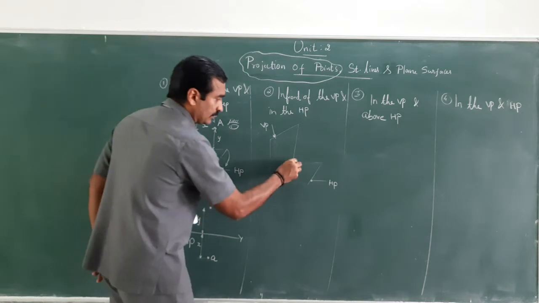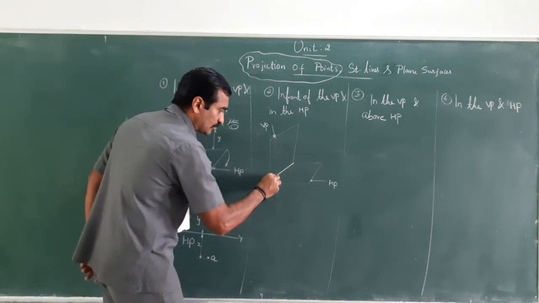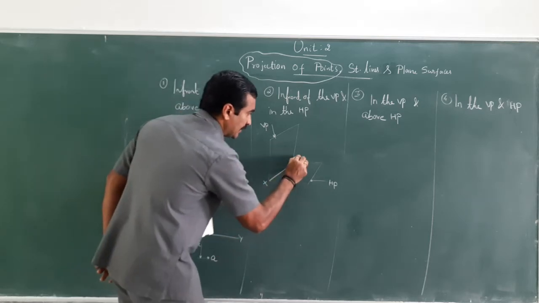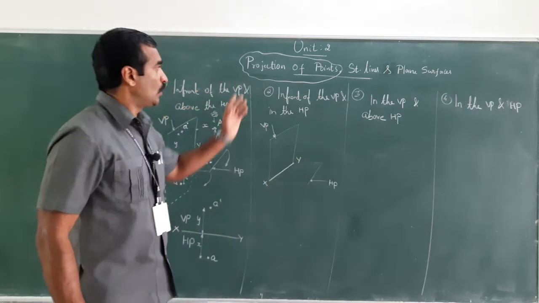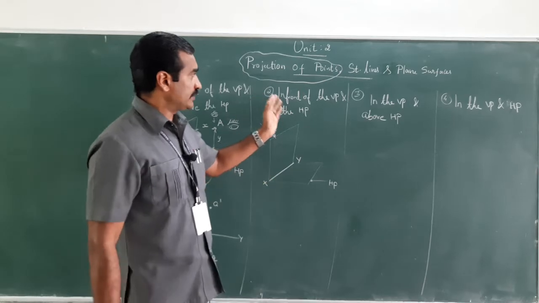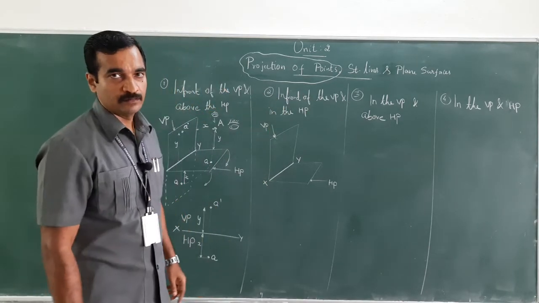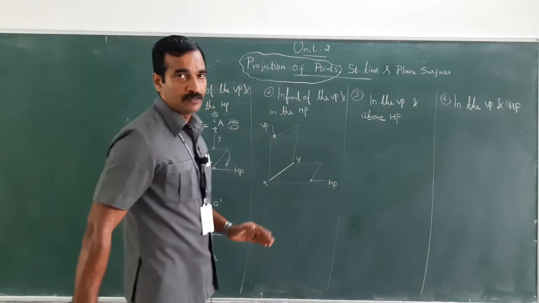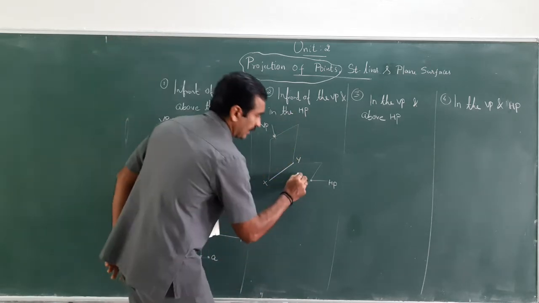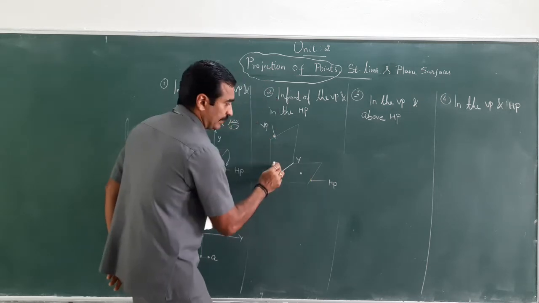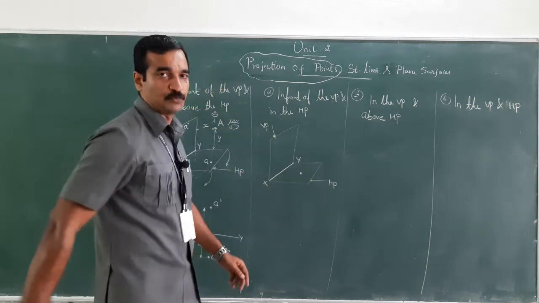And the intersection of the two principal planes, VP and HP, can be denoted as XY. The condition says the object is placed in front of VP but in the HP. So the object would be placed somewhere here, in front of VP but in HP.